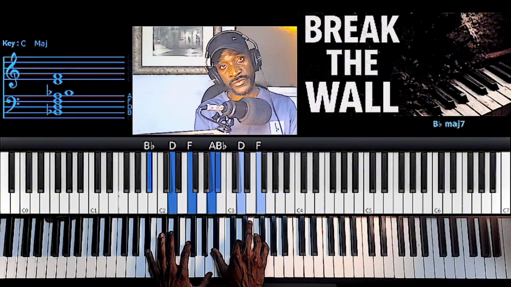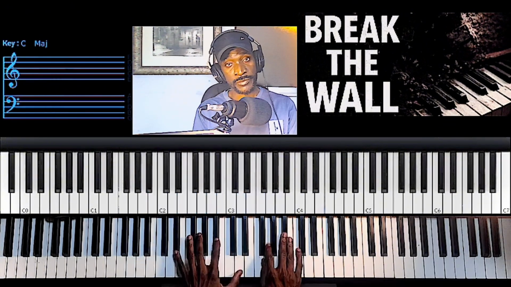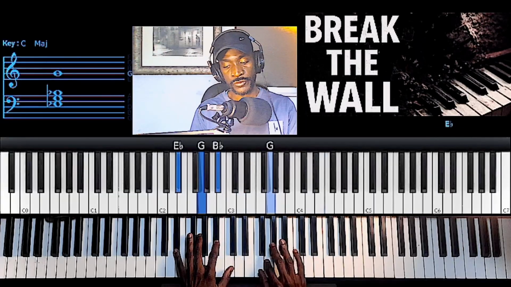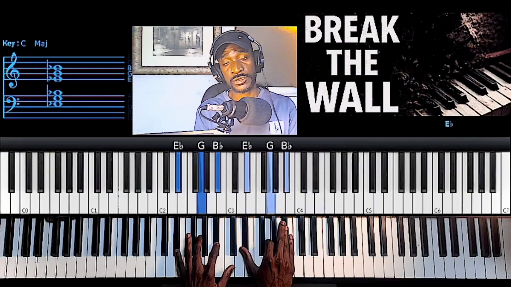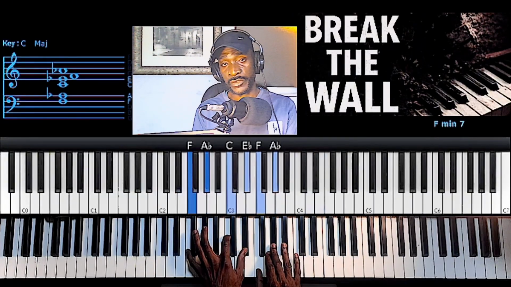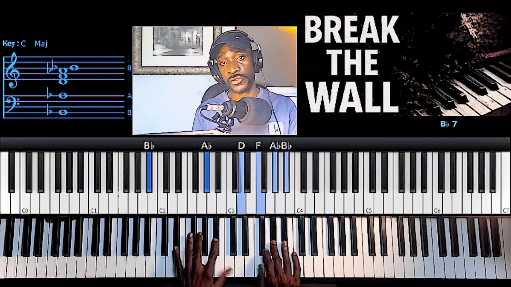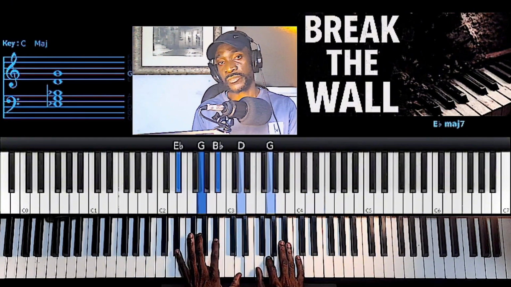And then 1 is B flat again. Now, same thing for the key of E flat. 1, 2, 3, 4, 5, 6, 7. 1, the 2 is F minor 7, and then the 5 is B flat, going back to E flat.